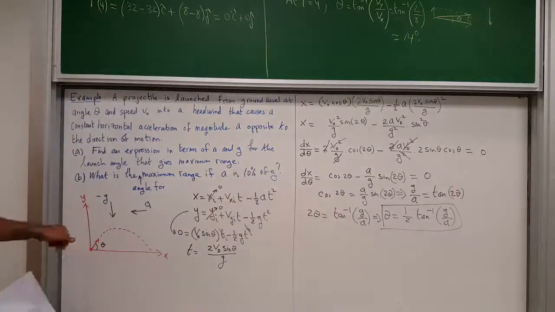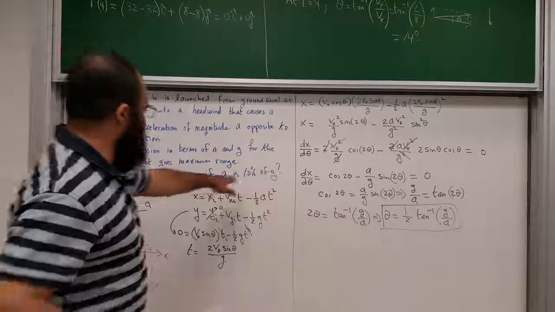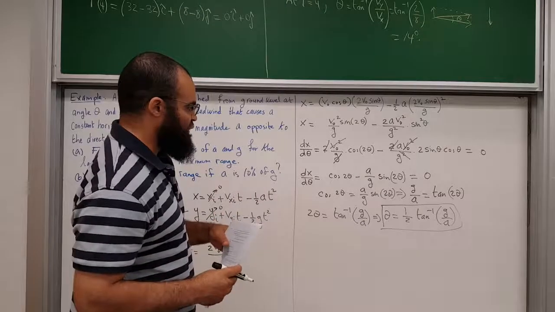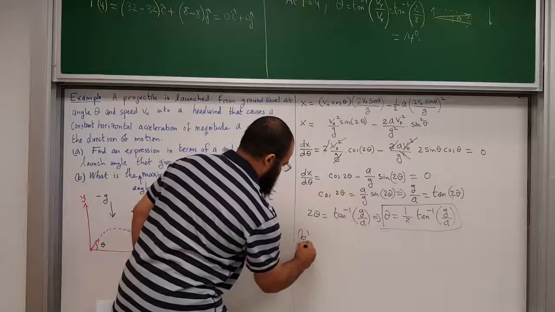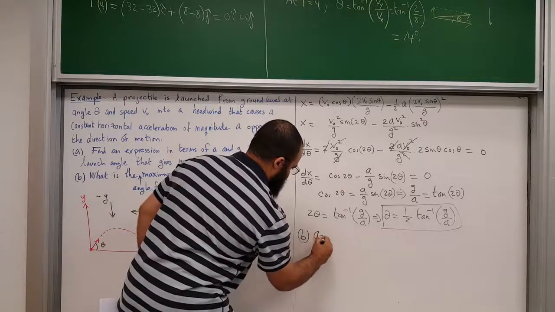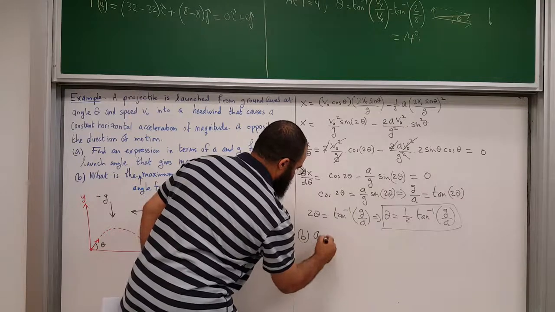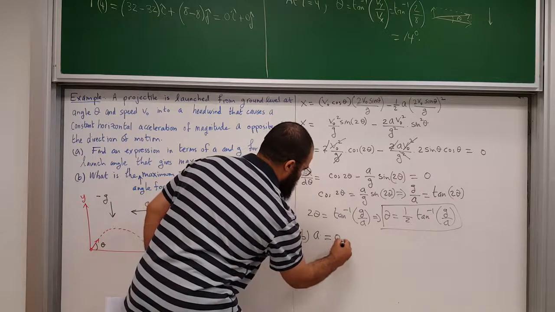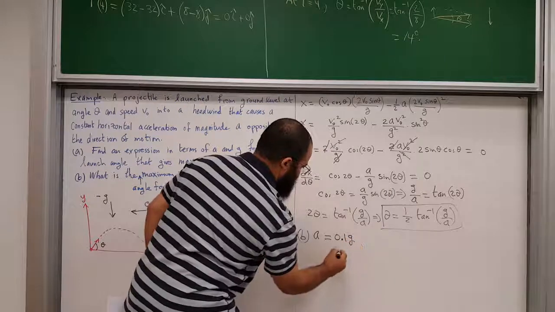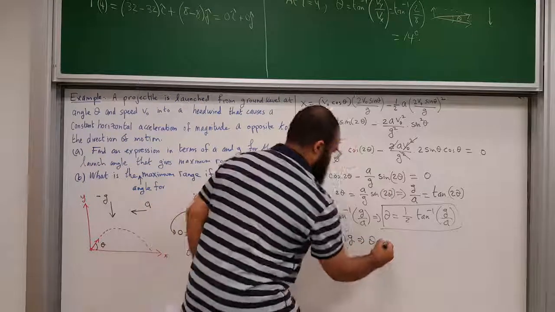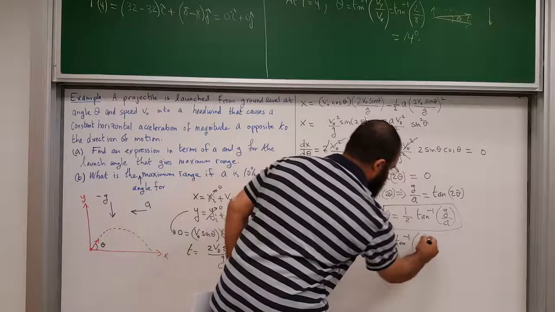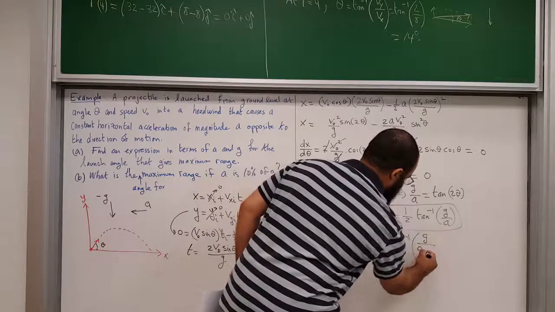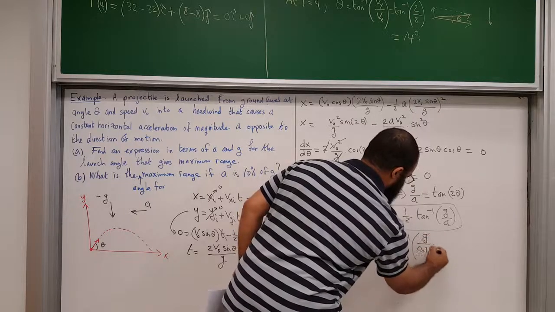So for the particular case, let me make sure I didn't run out of time. Yeah, for the particular case, if a is 10% of g, what is theta? So for part B, if a is 0.1 g, we get theta equals 1/2 of tangent inverse of g over a, but a is 0.1 g, so g cancels.